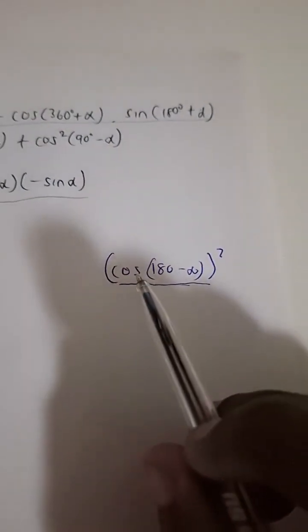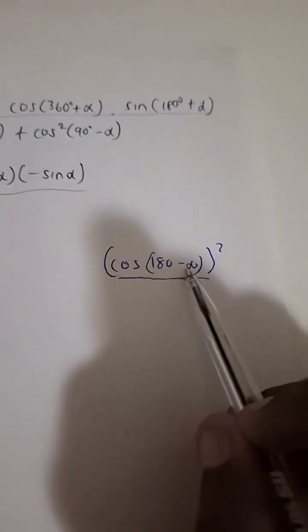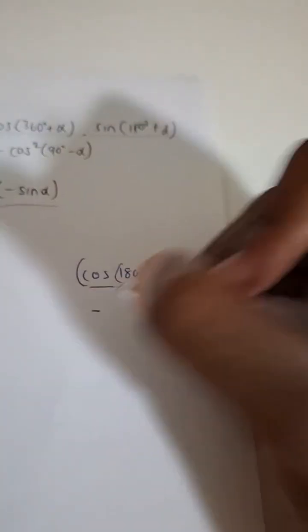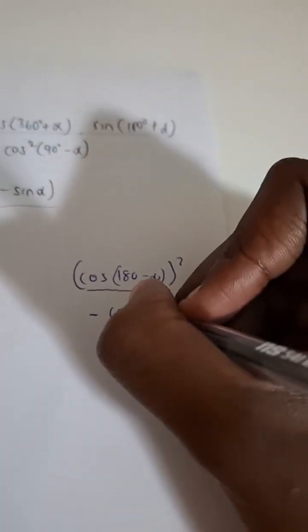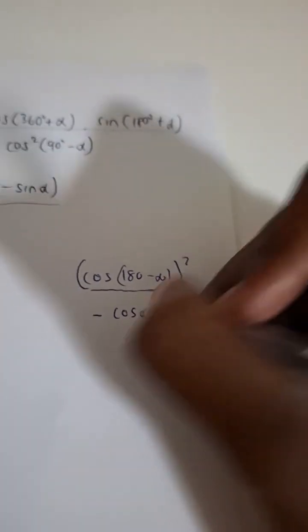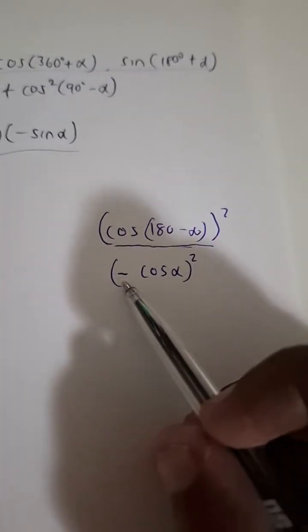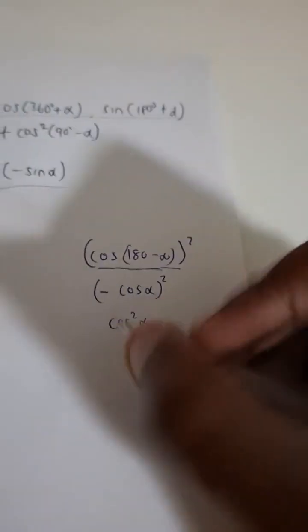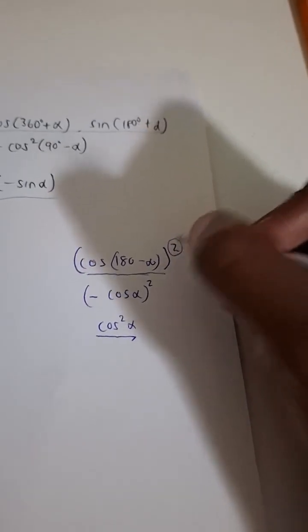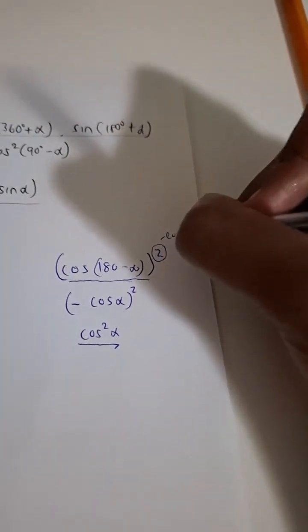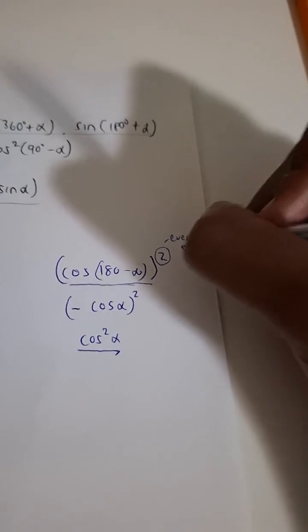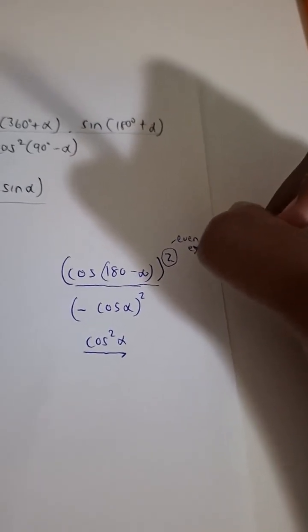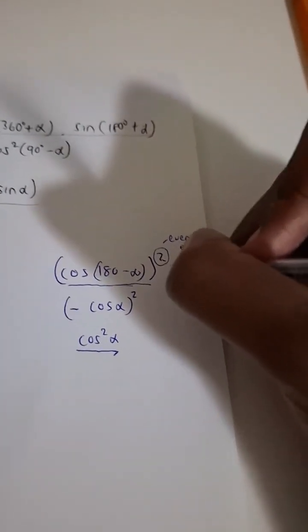So you evaluate what cos of 180 minus alpha is. That is obviously going to be negative cos alpha. But then when you square that negative cos alpha, what do you get? You get a positive cos squared alpha. So this square, the even exponent, will always produce a positive answer.